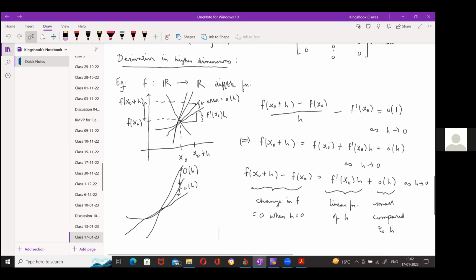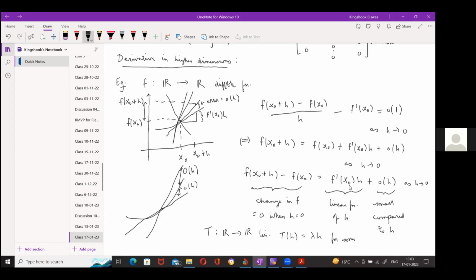Whereas if I write it in this second form, then notice that this term f prime x naught times h is a linear function of h, and any linear map from R to R is just multiplication by a scalar times h. Any linear map from R to R is of the form T of h equals some constant lambda times h, for some lambda.